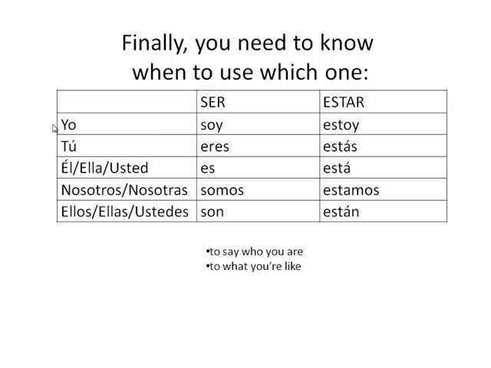The next use of ser, permanent, is to say what you or someone is like. And you might think, well, that's temporary, that could change, but in general, those characteristics don't tend to change. So for example, if I wanted to say you are kind, I would say tú. This is somebody I'm familiar with, so I would say tú eres amable.